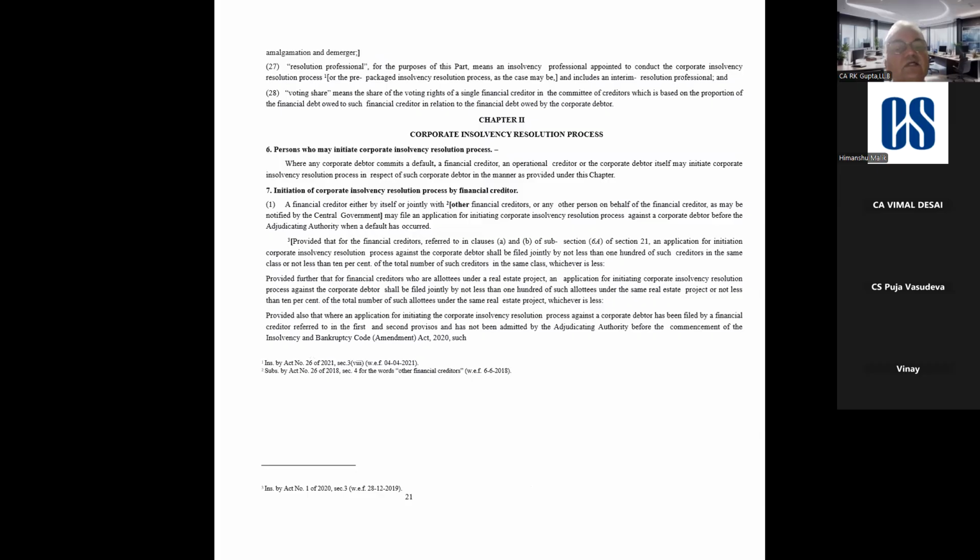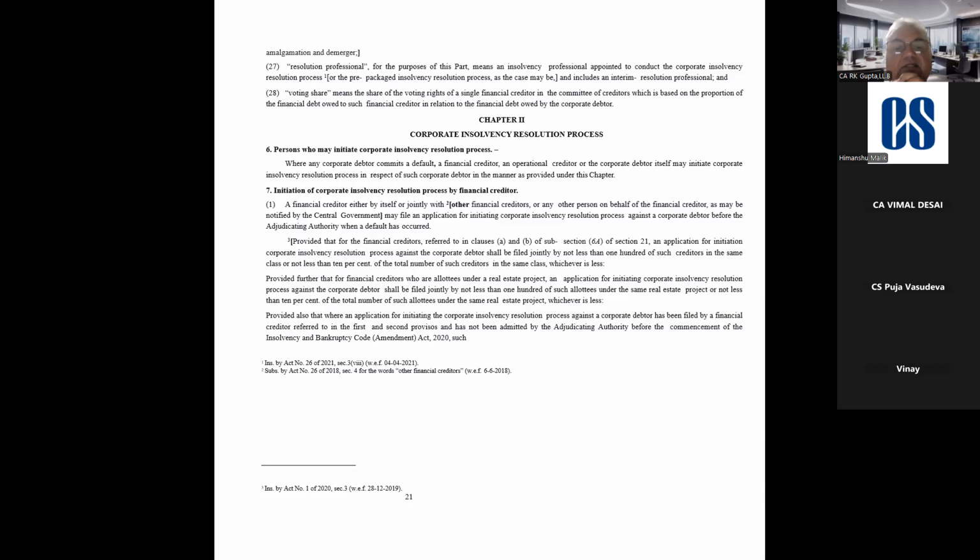And section 6 talks of persons who may initiate this process. So it says where any corporate debtor commits a default. Now you understand why they have not written the words corporate person here, because only a corporate debtor will commit the default. A corporate person could be a person who has not incurred any debt.